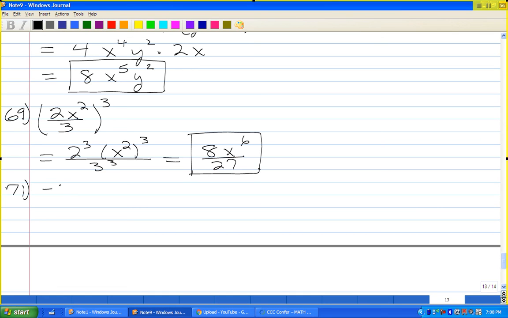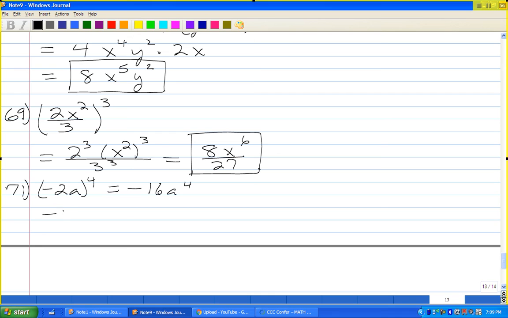Negative 2a to the power of 4 equal to negative 16a to the 4th. In exercises 71 through 80, determine whether the statement is true or false.